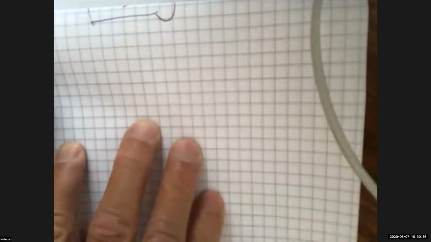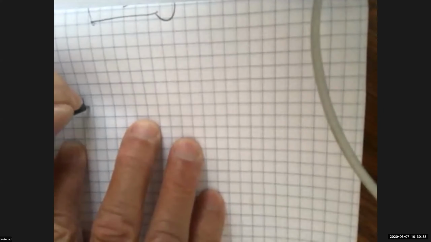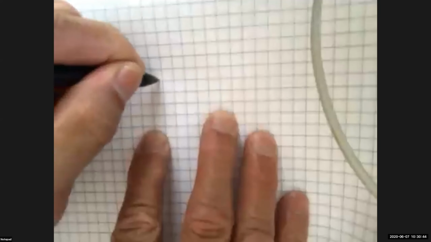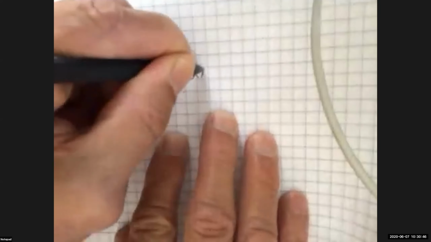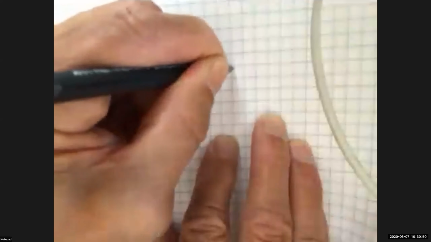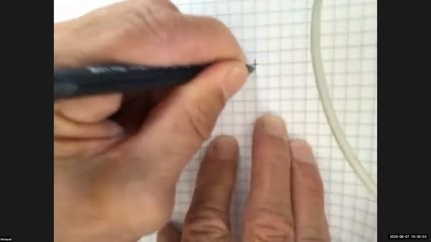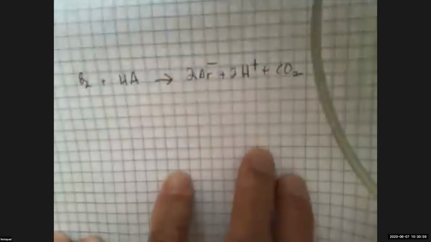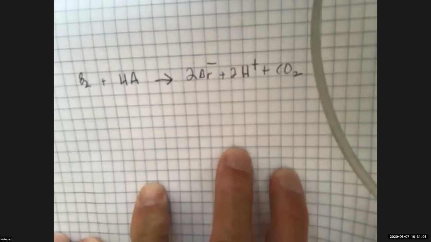So in this reaction, I'm going to abbreviate. We had bromine plus acetic acid, and I'm going to put HA for the acid. So bromine plus HA is going to 2 bromide, Br minus, plus 2H plus, plus CO2. Okay, that's what the reaction was.